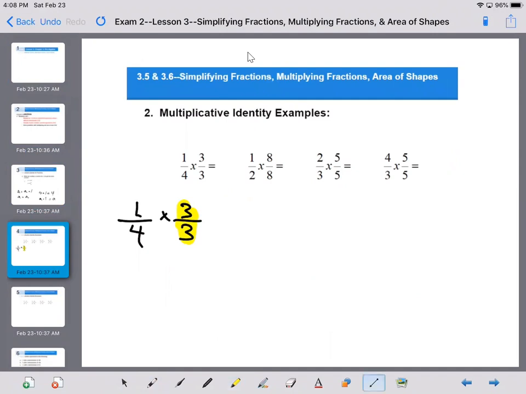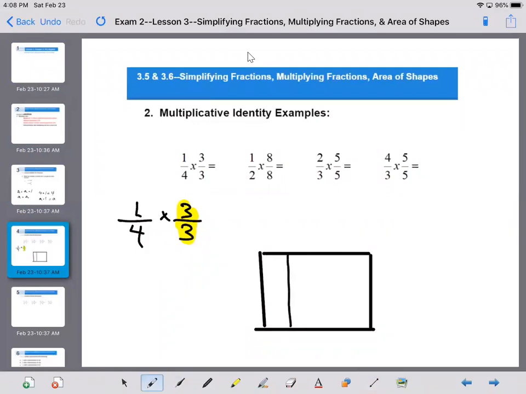Now, if we look at an area model here, I want to create fourths, then I would want to identify a fourth. And so this being split into fourths, I want to create 3/3.